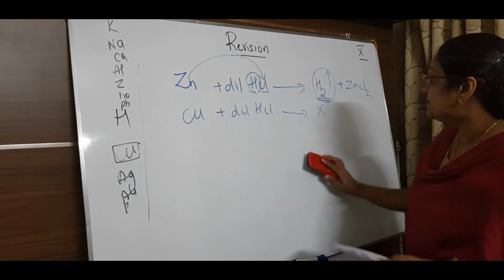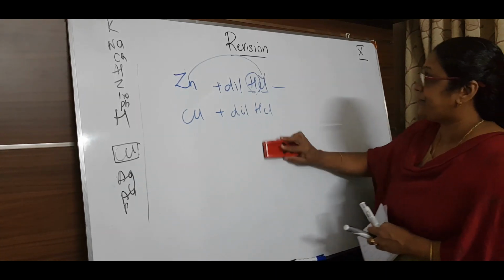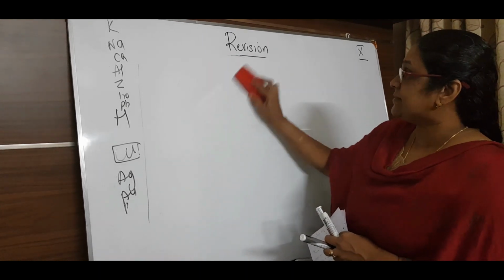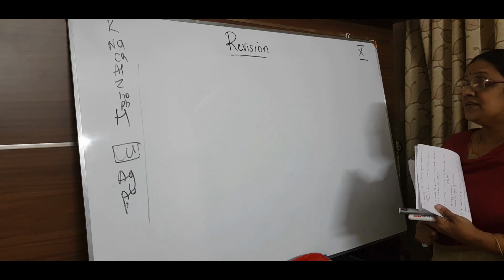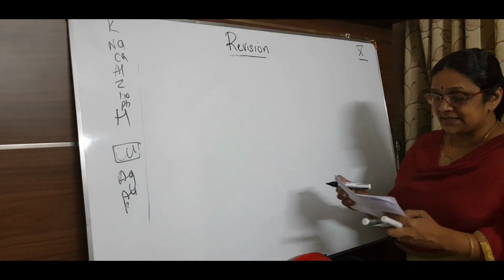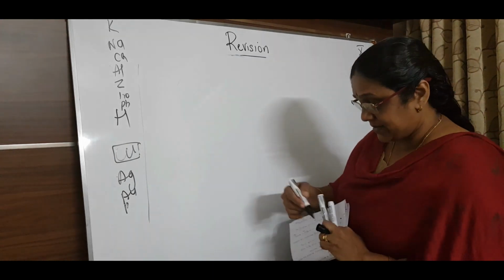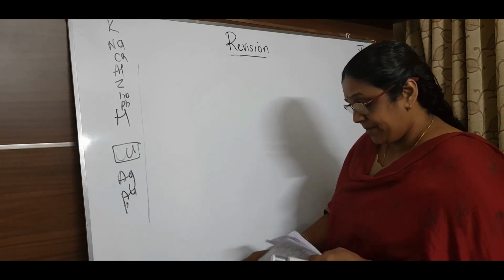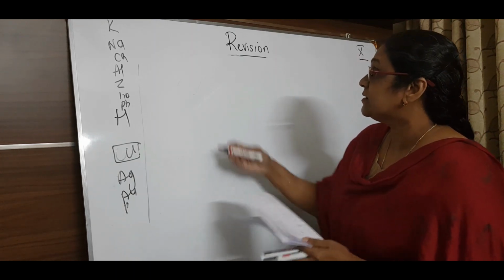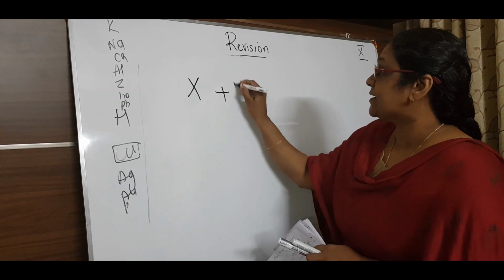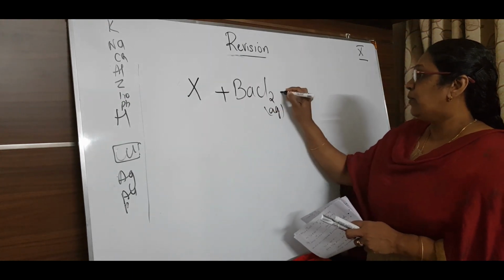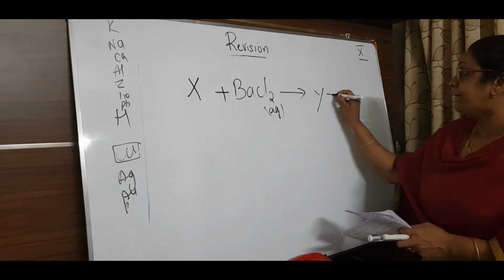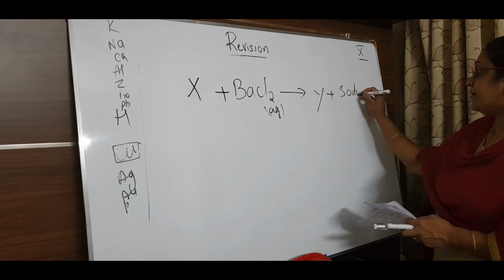Hope you are clear with this, right? Now comes the next question, which is a simple one. In many board exams it will be asked like this: X plus BaCl2, aqueous, will give you Y plus sodium chloride.